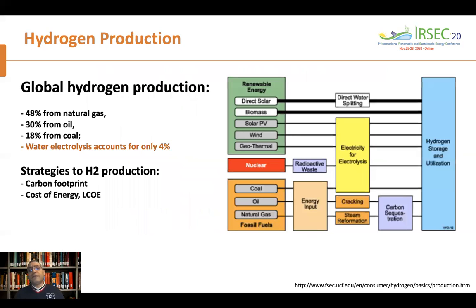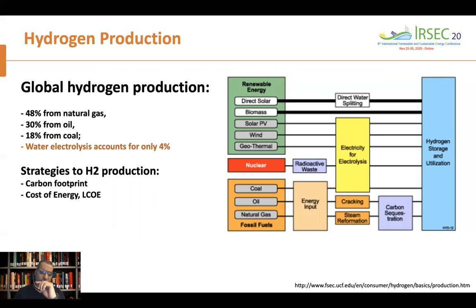So, for instance, if I show you now the hydrogen production and the different routes used to produce hydrogen. Again, it's too bad for us. It's still fossil energy that is the source of producing clean-energy hydrogen.